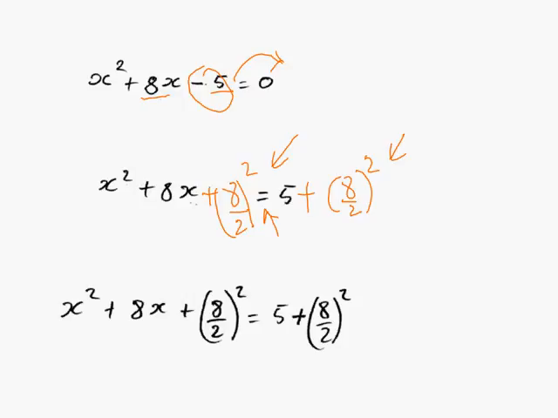Now, if you notice, on the left hand side of the equation, there is a relationship between the 8, or rather the second coefficient, and the third coefficient. There is this unique relationship that we are talking about. That means the whole left hand side of the equation can be written as a square. So you will have something like this.